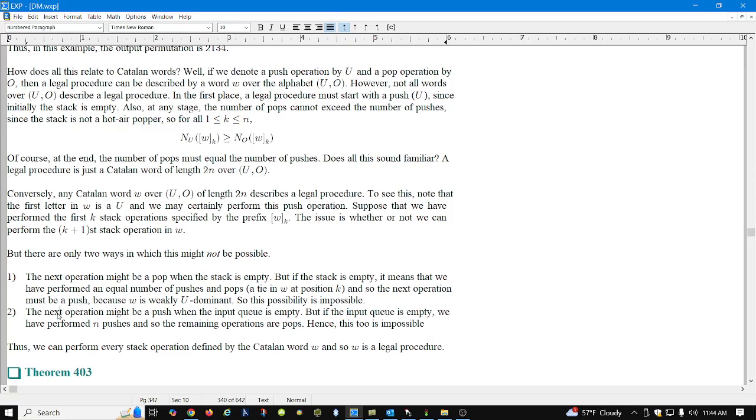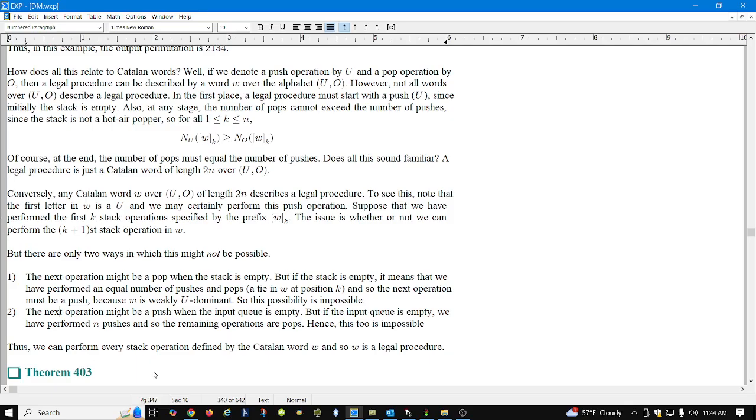The only other way that the K plus first operation can fail is if it's a push onto the stack, but the input queue is empty. But if the input queue is empty, we've already performed n pushes to clear the input queue. Therefore, all the remaining operations have to be pops.